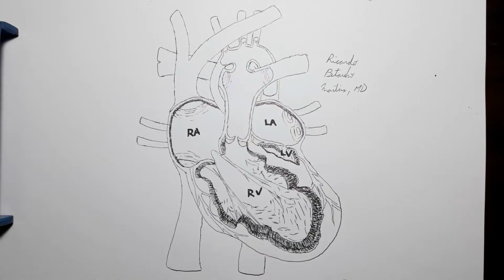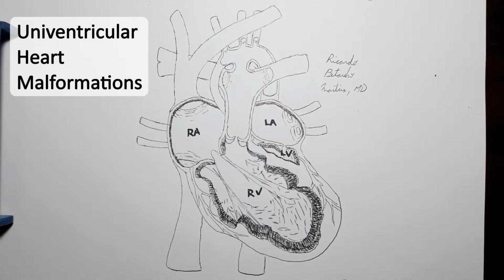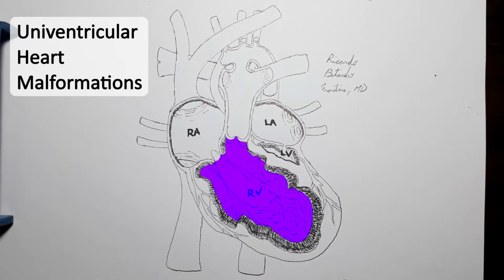That's why hypoplastic left heart syndrome is considered one of the univentricular heart malformations, because while there is a left ventricle, it's so underdeveloped, hypoplastic, that functionally it's as if it didn't exist. So, to all effects, it's as if the heart had a single ventricle, a univentricular heart.